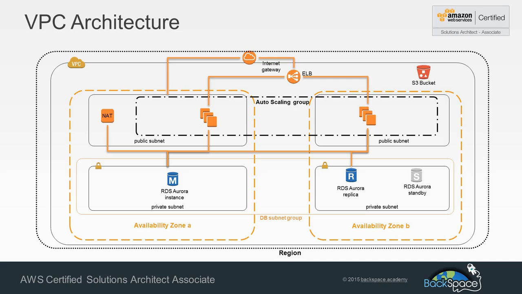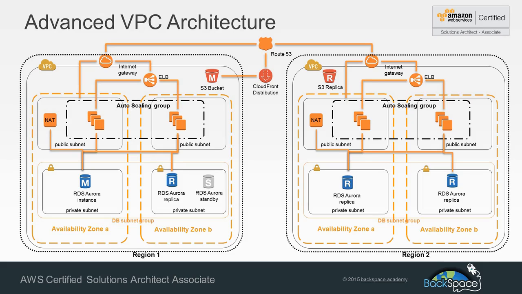We'll also have for our static assets and also for our latest code that we're going to bootstrap into our instances on startup, we'll have an S3 bucket there, and that will connect into our VPC through an S3 VPC endpoint, which is a new feature of VPC.